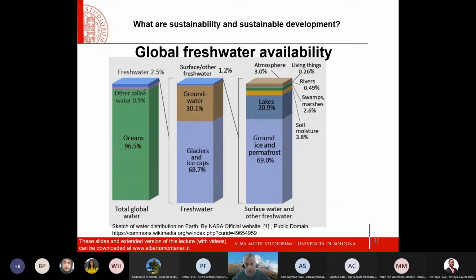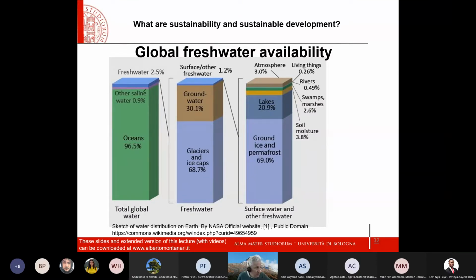They are 0.49% times 1.2% in the middle column times 2.5% of the global water, which means that rivers are nothing when compared with the global water. But, as I said, they are an important source of fresh water.